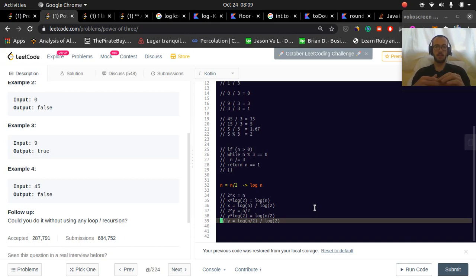If we have n, our exponent is halved. Right?